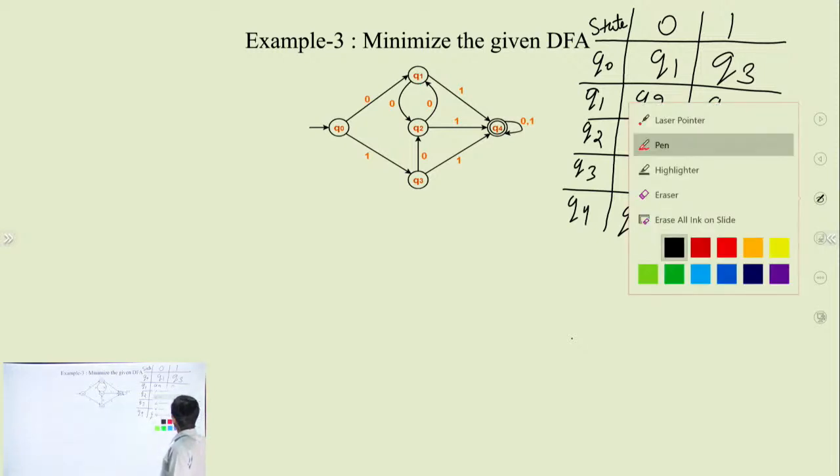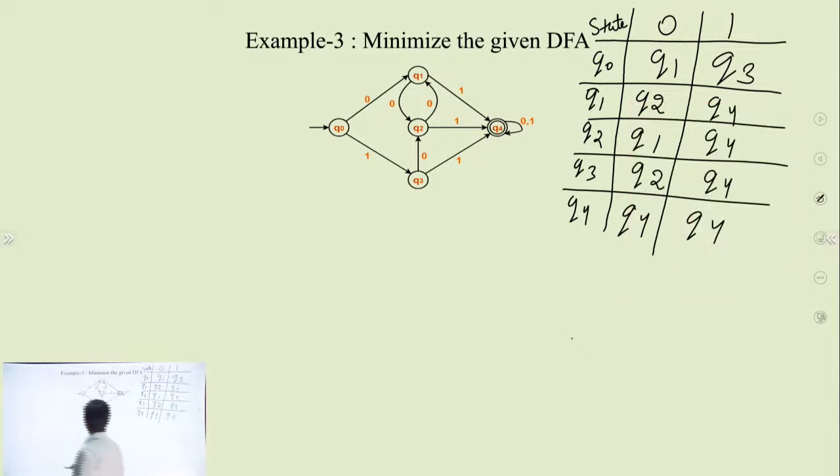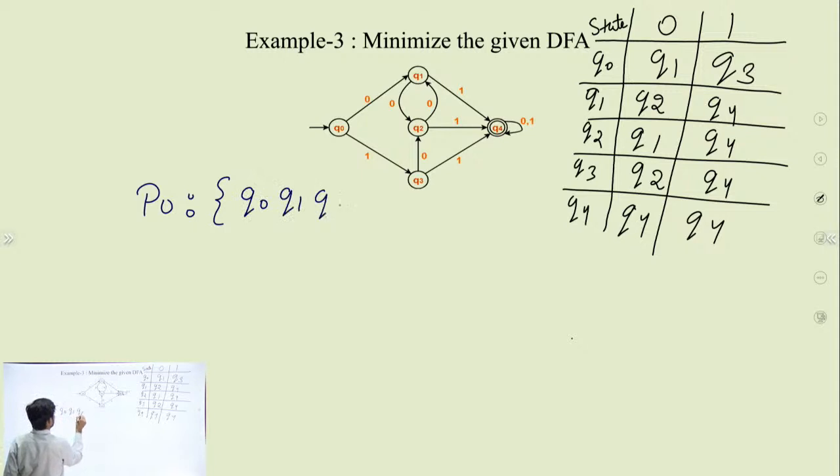Now let's find the equivalence classes. First find the zero equivalence class. We denote it with P0. In the zero equivalence class, we divide the states into two sets. One set contains the non-final states and the second set contains the final states. So there are Q node, Q1, Q2 and Q3.